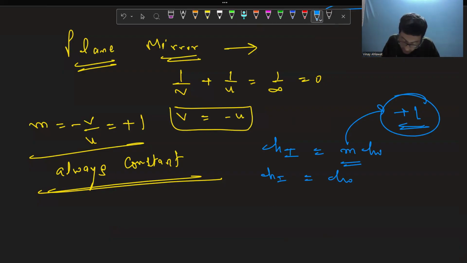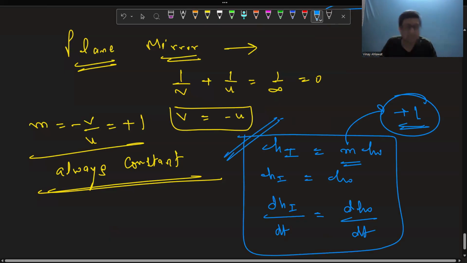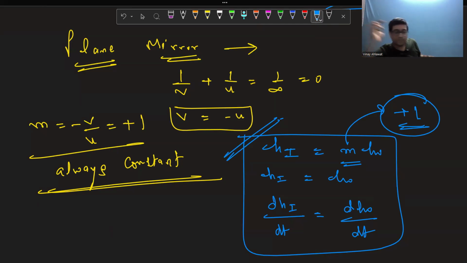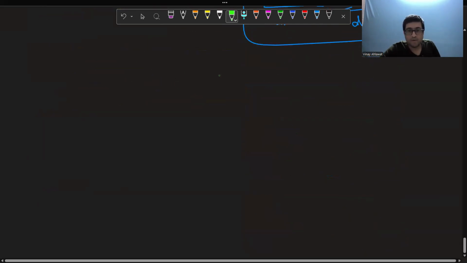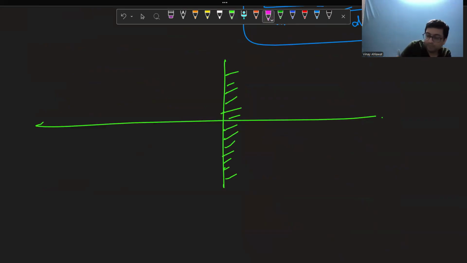So your dhi by dt technically becomes dho by dt. Fine with this? Any confusion till this part? No, sir. Good. So in plane mirror, suppose this is the object.